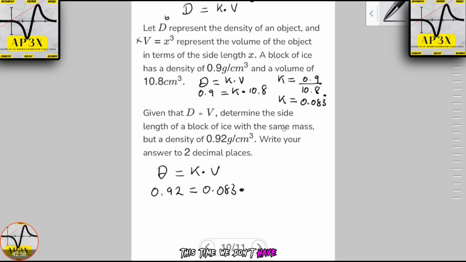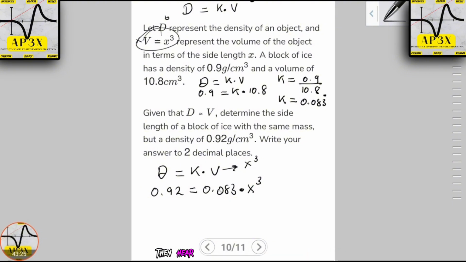This time we don't have the volume, but we have the volume in terms of x. So we're converting volume to x cubed, because if you cube the length of a cube, you get the volume. It did say up here that V is equal to x cubed in terms of the side length.